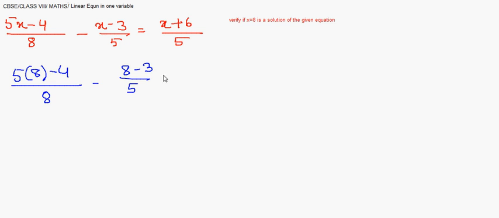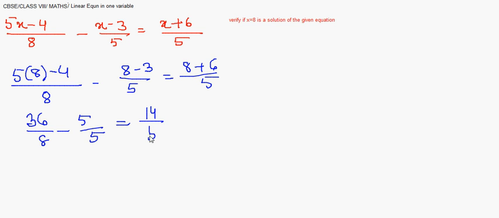We'll also substitute on the RHS and see if the result on both RHS and LHS come out to be the same. Here it's 5 times 8, that's 40, so 40 minus 4, right? I'm getting 40 minus 4, that is 36 by 8 minus 5 upon 5, that's 1, and here it is 14 by 5.